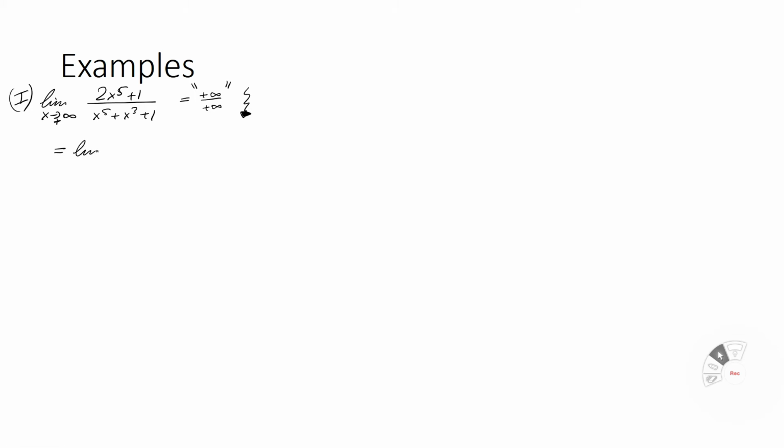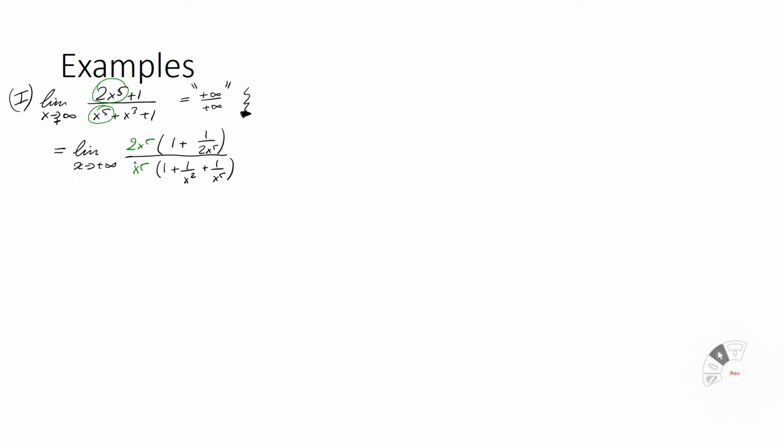So what we'll do is we'll first factor out the highest power. So we'll take the 2 times x to the 5 here and the x to the 5 there, and we'll bring them out as factors. So 2x to the 5 times (1 plus 1 over 2x to the power 5), and then likewise x to the power 5 times (1 plus 1 over x squared plus 1 over x to the power 5).